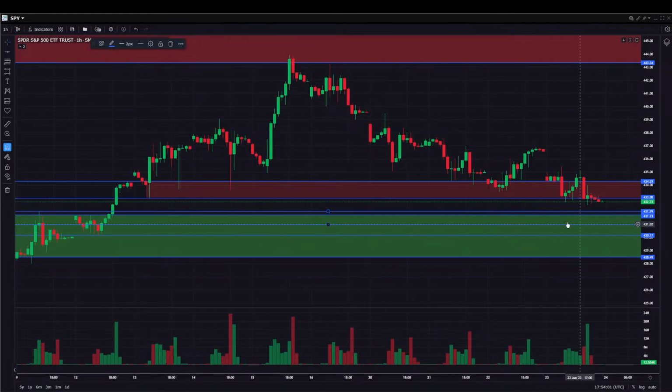This will be a tricky spot right here, personally. If you guys know anything about how I explained overlapping zones, that is a clear overlapping zone.